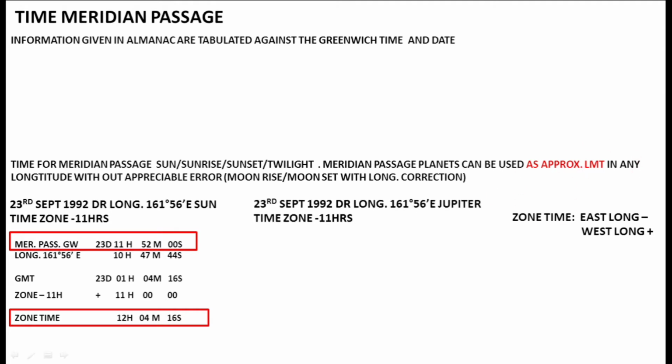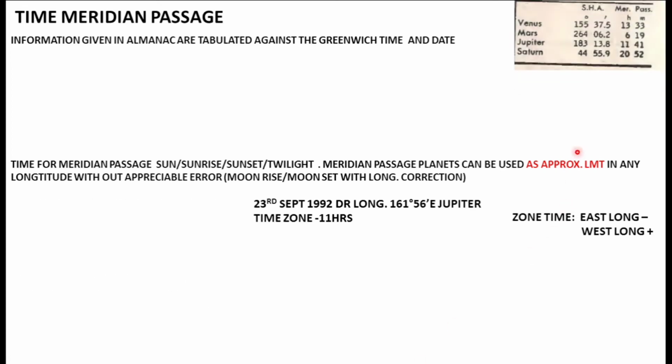Similarly, just showing you for planet here. Again, the meridian passage times are given, which are of course in GMT taken as LMT. Jupiter 1141, longitude and time. So Jupiter would be on my meridian 10 hours earlier.